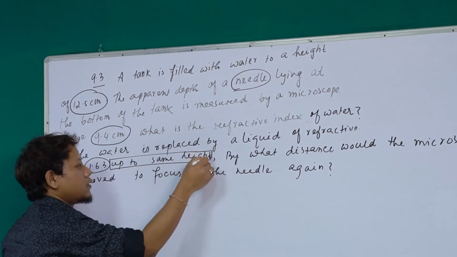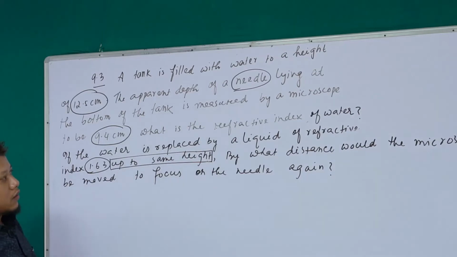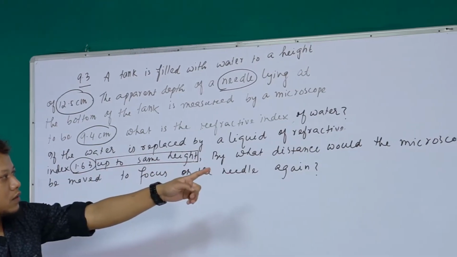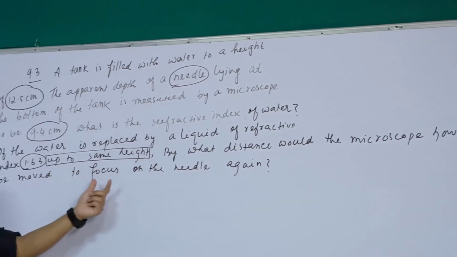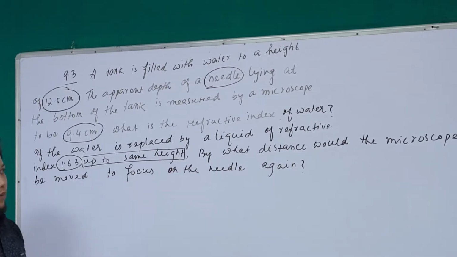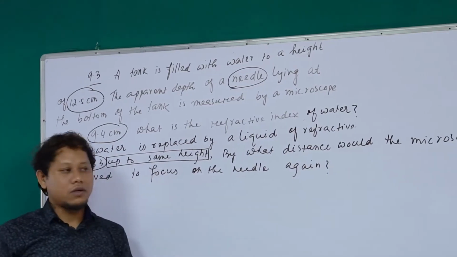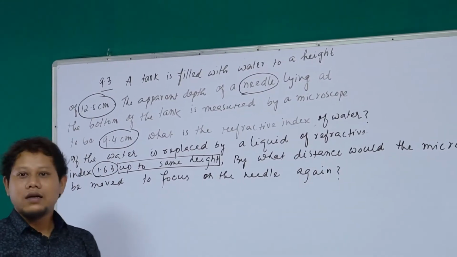By what distance would the microscope have to be moved to focus on the needle again? Means in the next part we have to find the apparent depth.